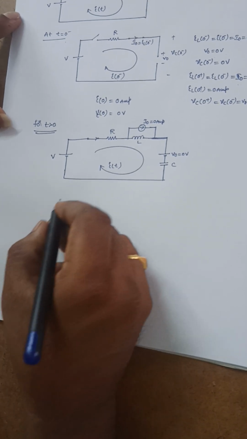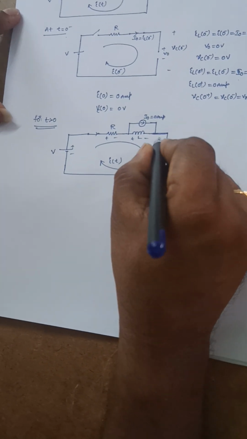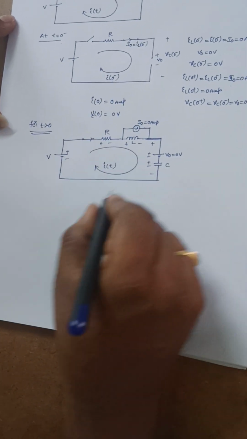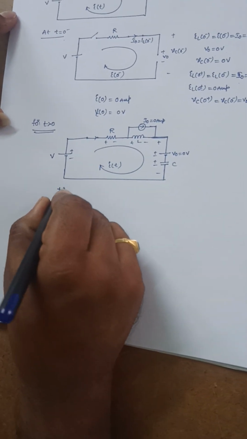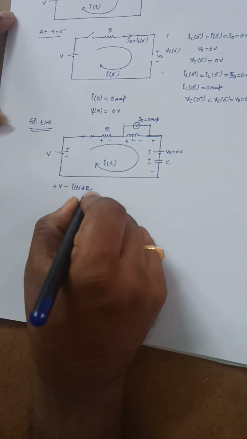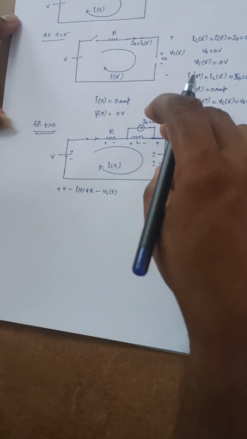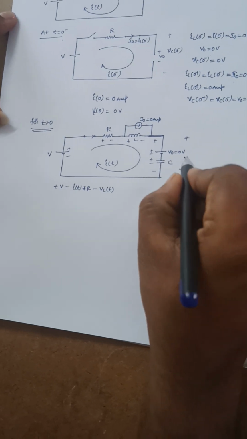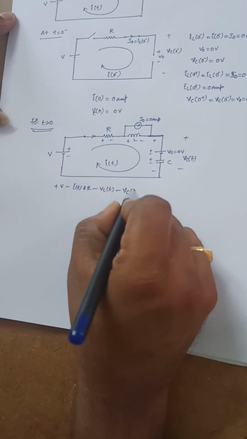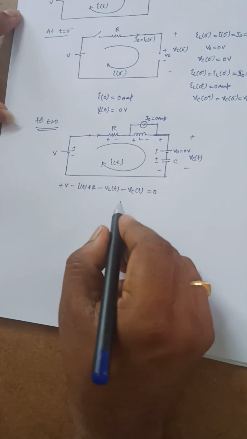Now if I apply the KVL for this loop, it is plus V minus I of t into R, minus the voltage across this one is VL of t, minus VC of t is equal to 0. It is plus and it is minus. Current limiting terminal I am taking here, so it is minus.